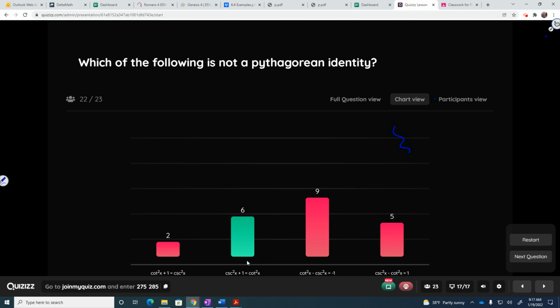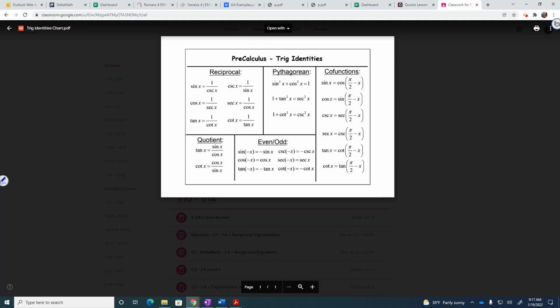I think there were multiple ones that were wrong. Like, all of those don't seem like the other. Cotangent squared minus cosecant squared equals -1. It doesn't match up. Okay, so they actually do work. If you subtract this one over, it works.